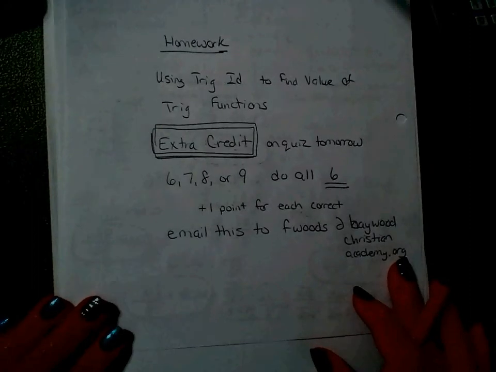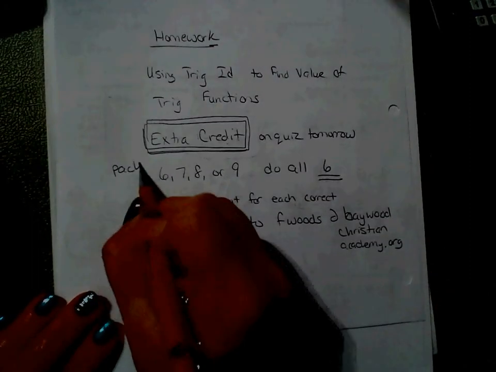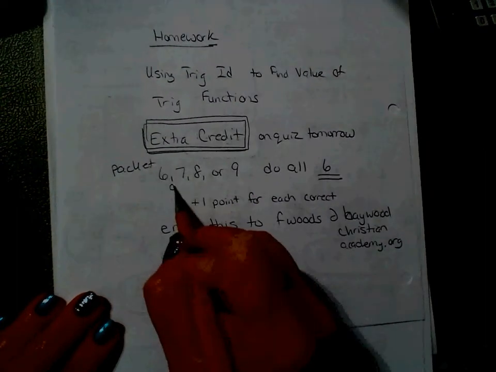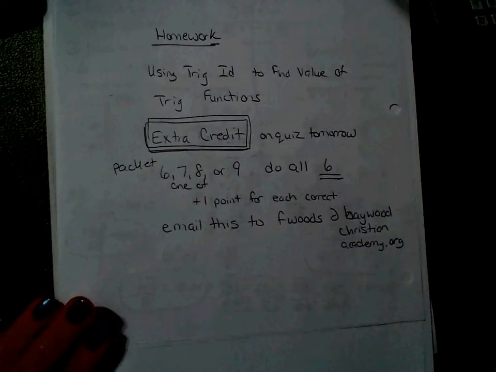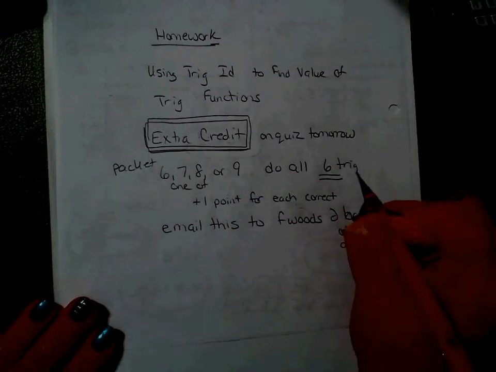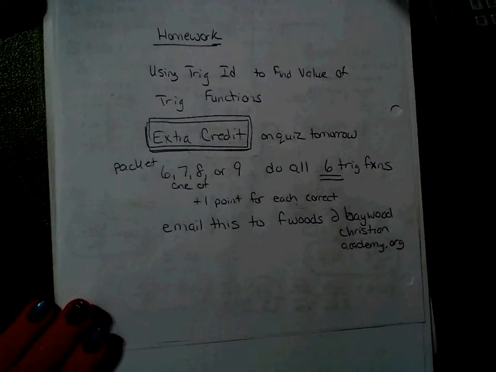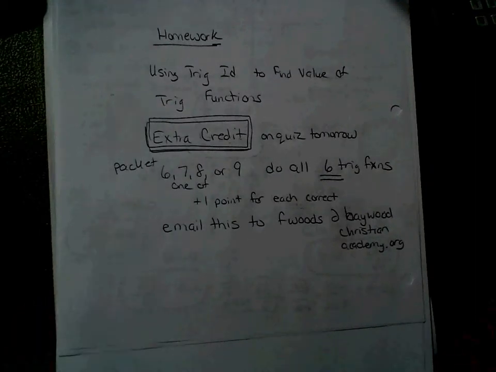So if you've watched all the way to this last video and you want some extra credit on the quiz tomorrow, do from the packet 1 of 6, 7, 8, or 9, and then do all 6 trig functions for that one problem. So just one additional example, and I will give you 1 point on the quiz tomorrow for each one that is correct.